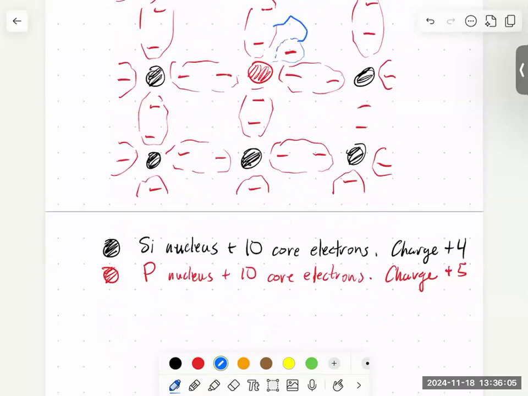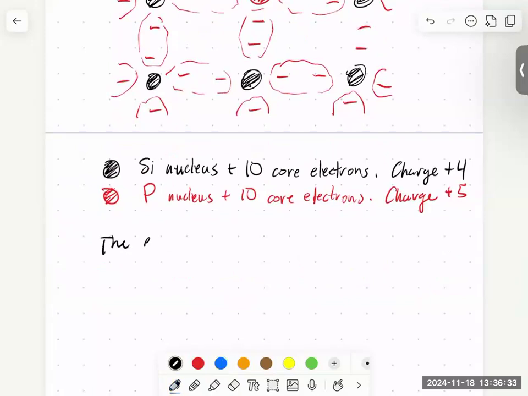And so it comes off and it can move throughout the material. It can contribute to current, conduct electricity, things like that. And so you could imagine, like I've drawn 1 dopant, but if we had 1 for every 1,000 silicon atoms, now all of a sudden we have a whole bunch of free electrons that are able to move around through our material and conduct electricity.